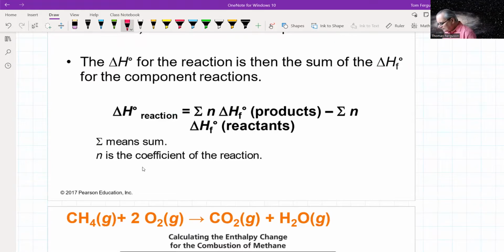So the summation of the moles of products minus moles of reactants is the delta H of the total reaction.